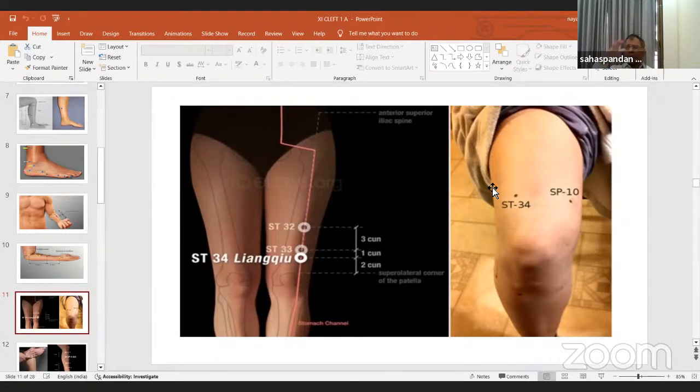Otherwise, all Xi-Cleft points are below the knee and below the elbow. The stomach channel passes through the breast and nipple, and stomach 34 is indicated in TCM for acute disorders such as breast pain and breast abscesses. In modern clinical practice, it is also used for acute epigastric pain.